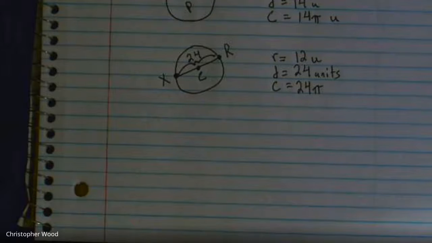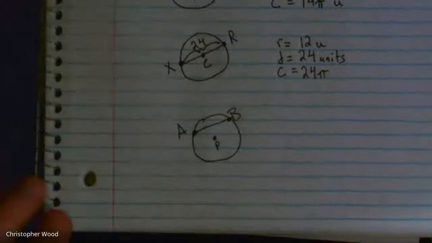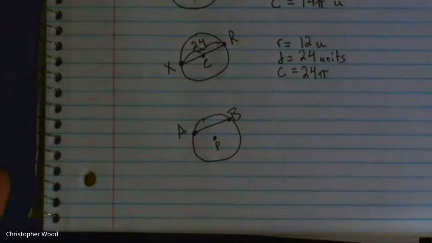As for a chord, if I gave you an example, okay, one more example here. So let's call this circle P again. And I draw a chord from A to B. I've got chord AB. The problem with this is the chord doesn't have any special relationship in regards to radius, in regards to circumference, or diameter.